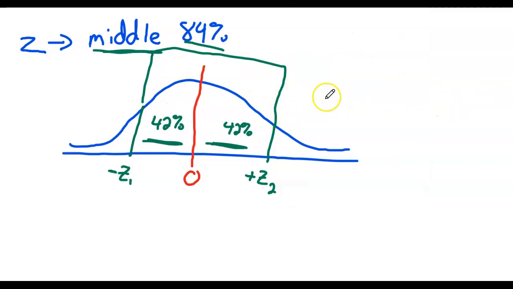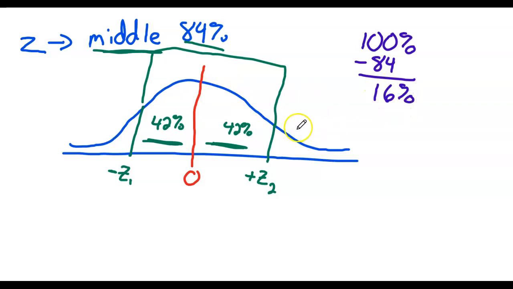Now, taking this into account, if we have 84% here, remember that our total graph is 100%. I'm going to subtract the 84% because that's how much is in this middle part. That leaves me with 16%. Well, I have two tails that are equal size, so each of these tails is going to have 8% left on each side.